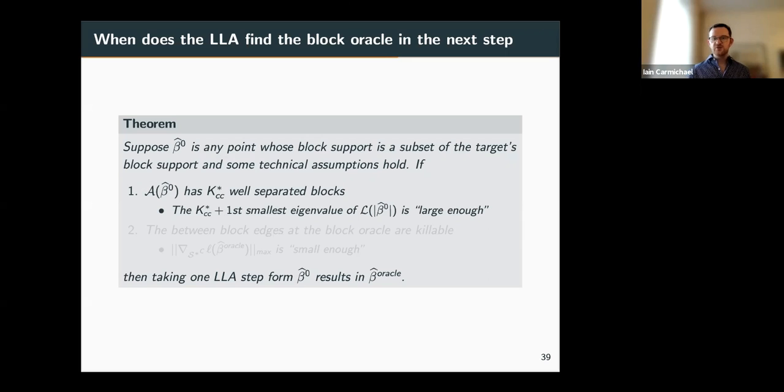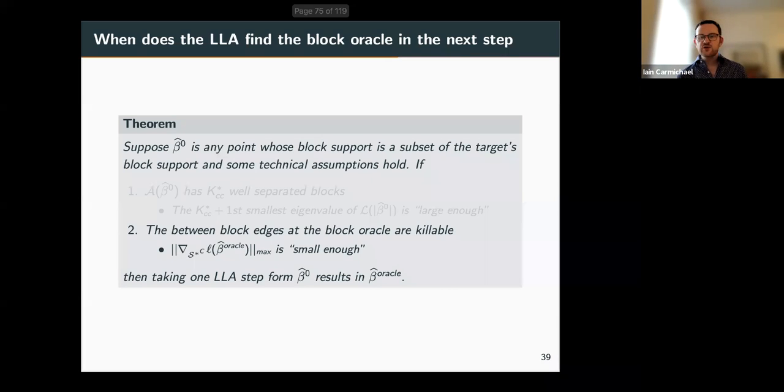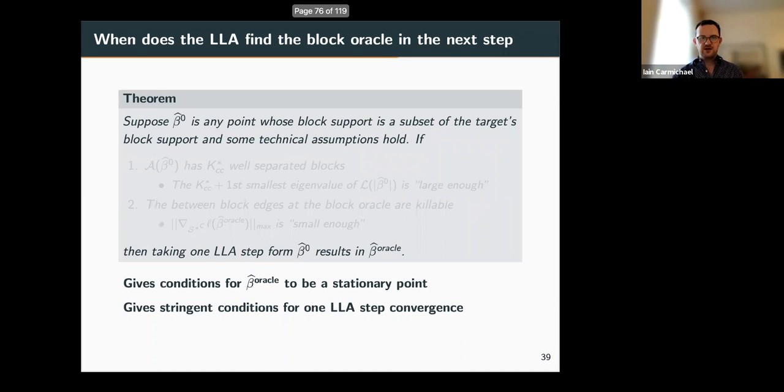And we're going to need two other conditions, namely that our initializer has k well separated enough blocks, and some condition on the gradient of our loss function that basically says that between block edges are killable. So this theorem has two implications.